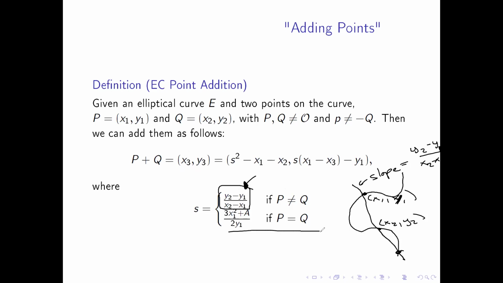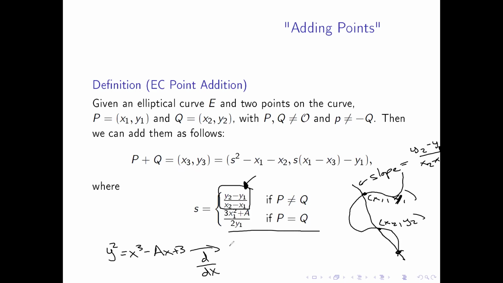Where do we get it for this one? Well, remember our equation of the curve we're dealing with: y squared equals x cubed plus ax plus b. What happens if I take the derivative of that with respect to x?